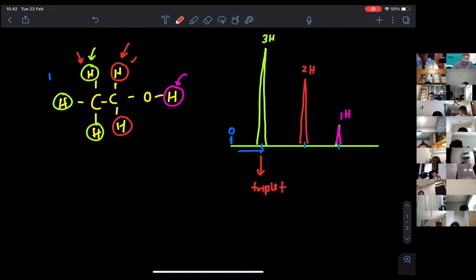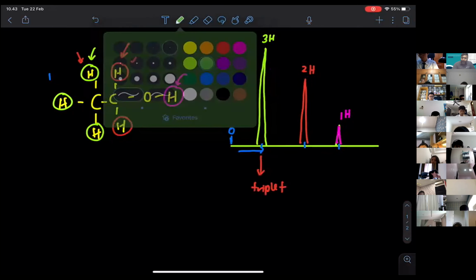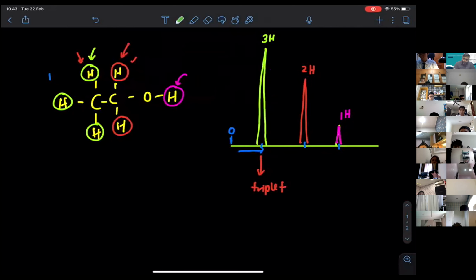So how do you show a triplet? You are going to have something like this. The way you draw it looks a bit funny because they follow 1 to 2 to 1. It means the one in the middle is double the size compared to the ones at the side.